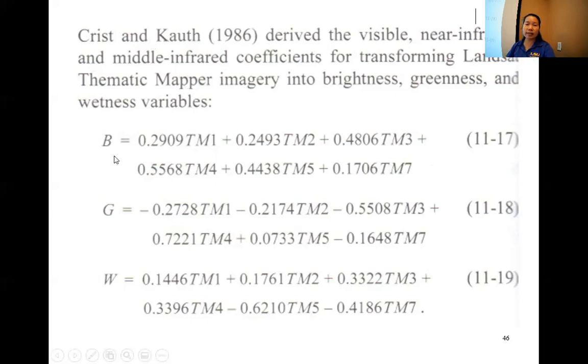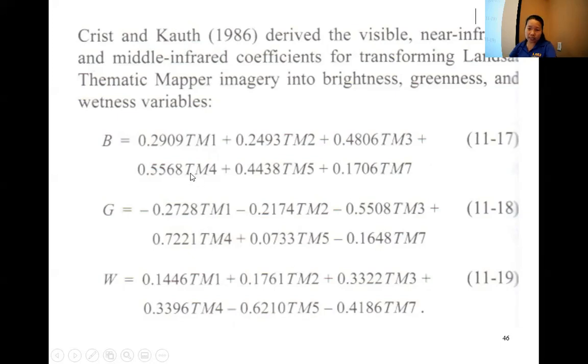Here one is called B, one is called G, and W is the wetness index. So B is brightness, G is greenness, and W is wetness. You can find these coefficients in the paper and repeat this.